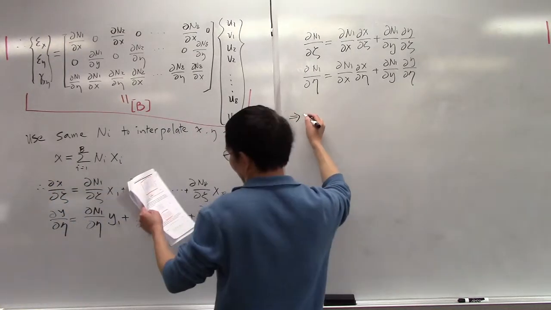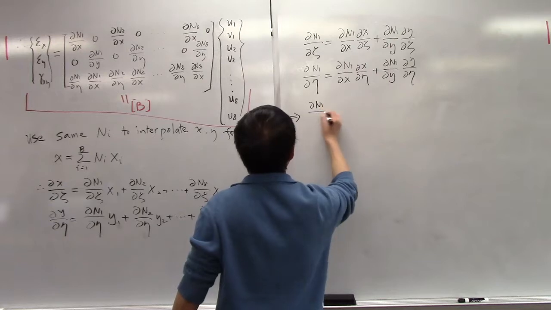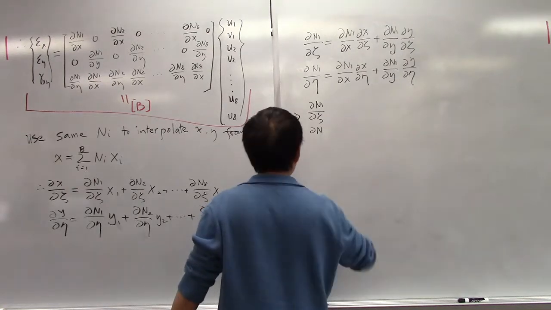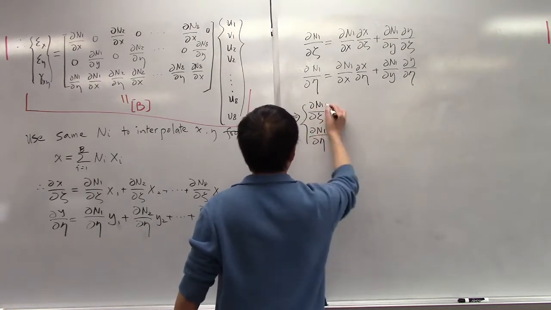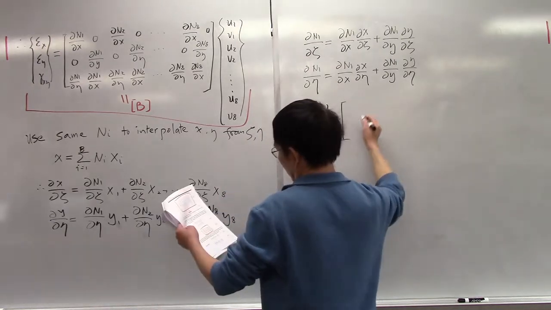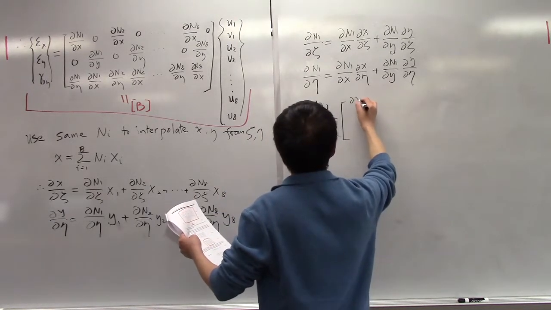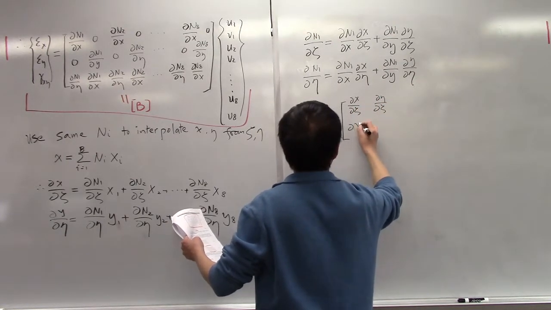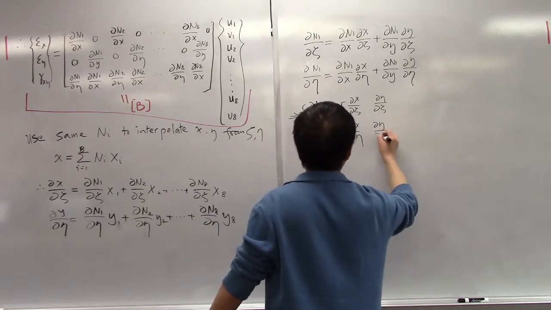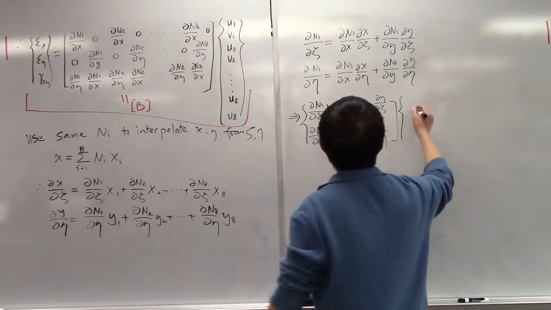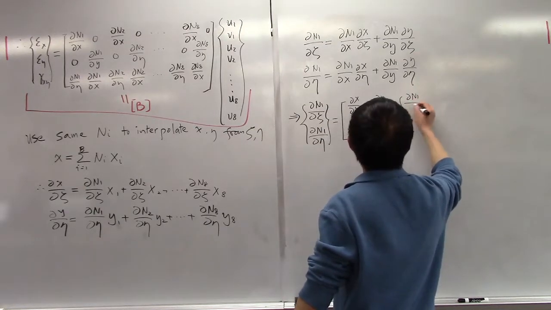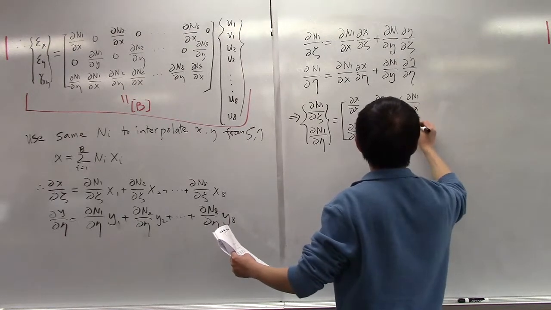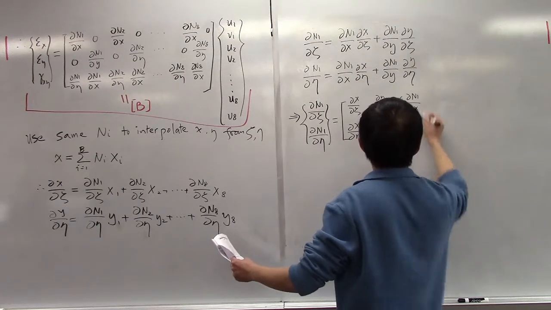With that, you can write it in matrix form: partial N1, partial theta and partial N1, partial eta is equal to this matrix of partial x, partial theta, partial y, partial theta, partial x, partial eta, partial y, partial eta. And then this is partial N1, partial x, partial N1, partial y. Okay.